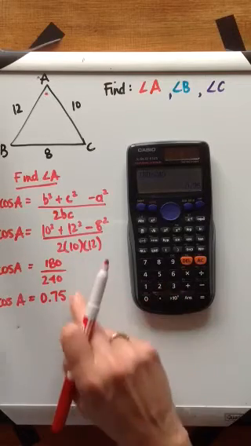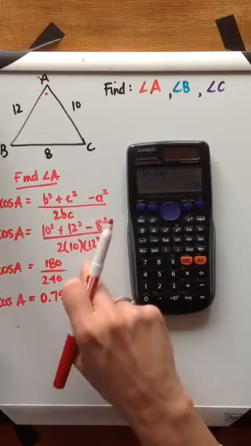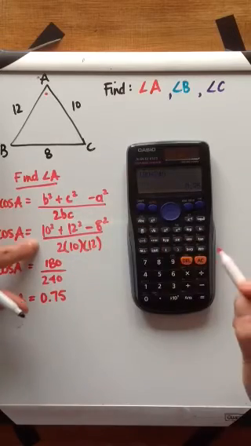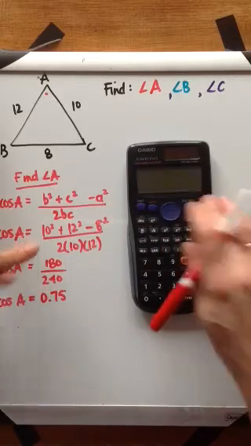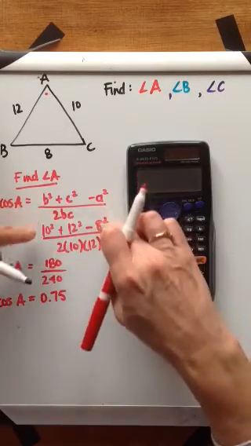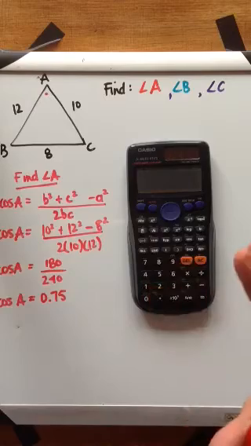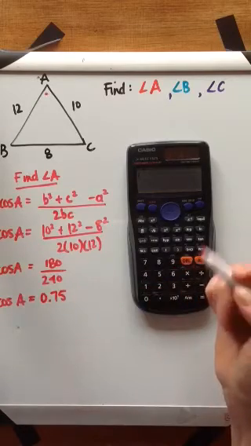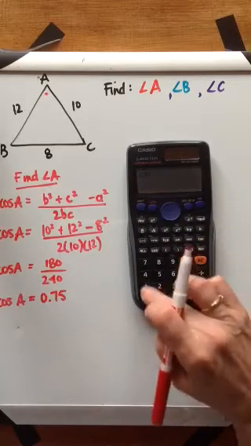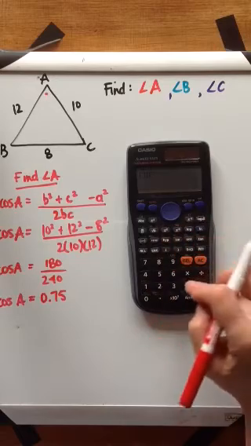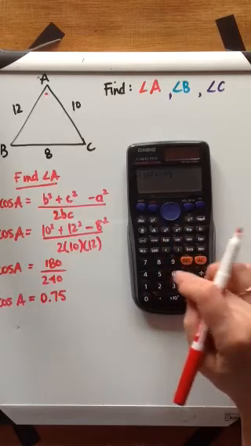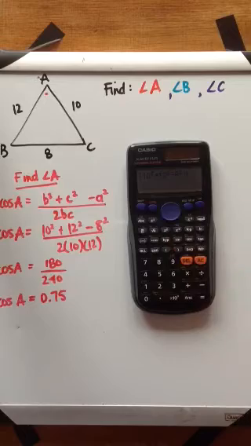Okay. Before I go ahead and solve further, I just want to go back and show you how you could do all of this in one step if you wanted to. So you're going to have to use brackets so that your simplification of the numerator and the simplification of the denominator are done first with the division in between. So I could do bracket 10 squared plus 12 squared minus 8 squared. I'm going to close that bracket.